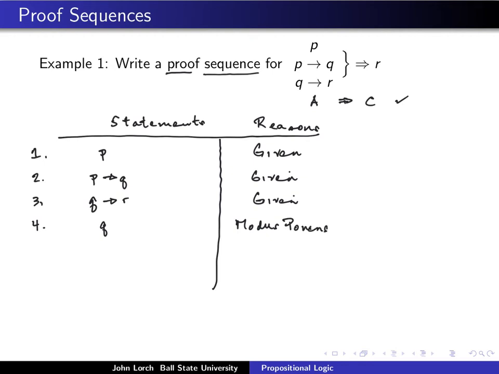And we're going to list the line numbers where we're using modus ponens, namely lines 1 and 2.